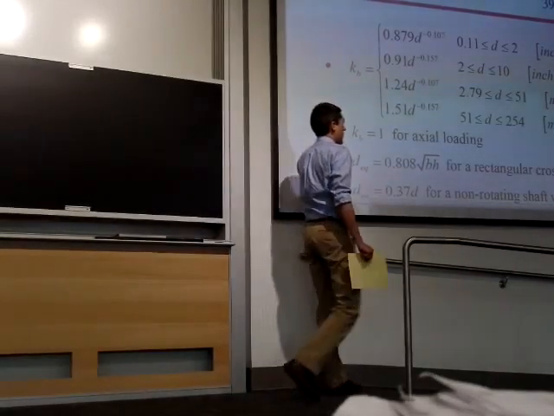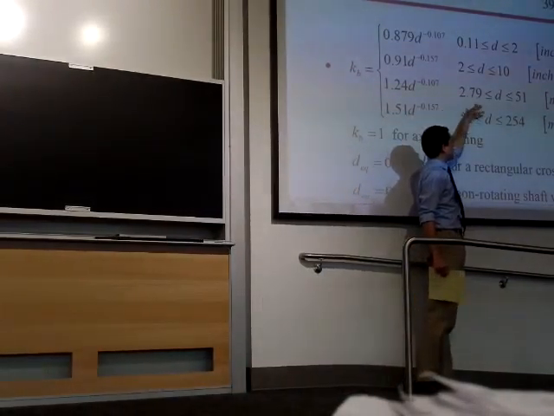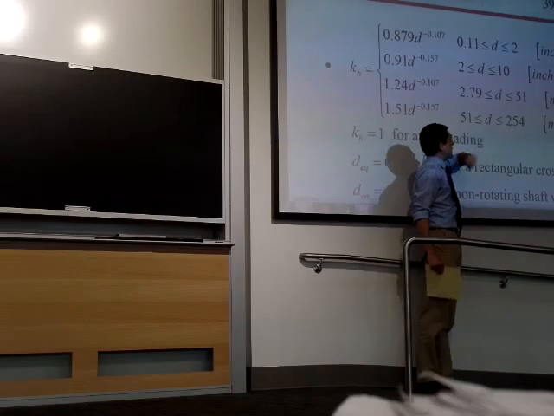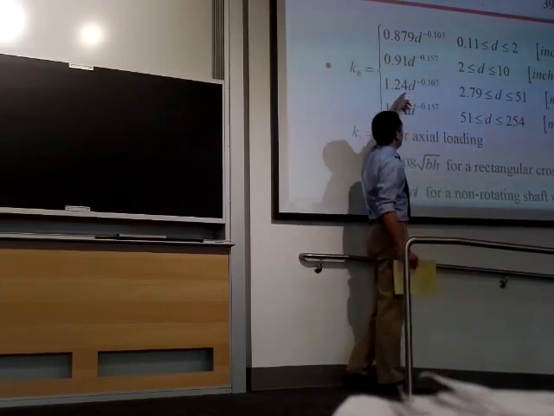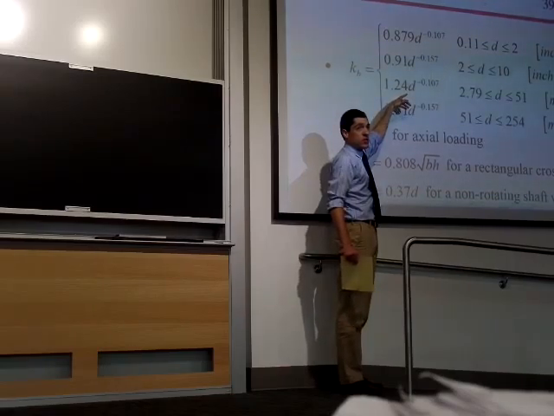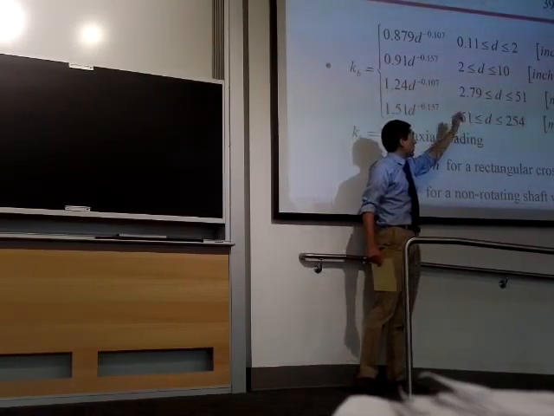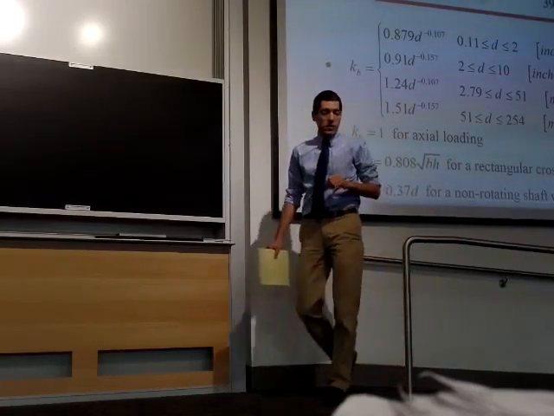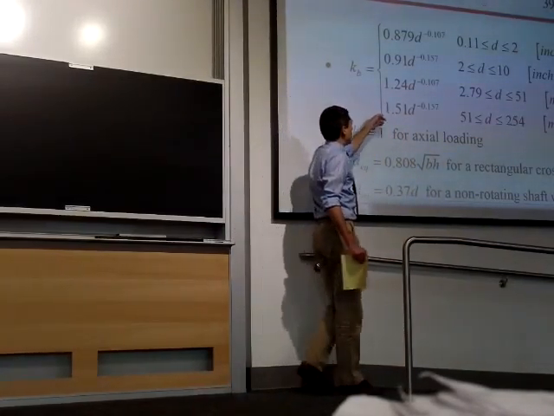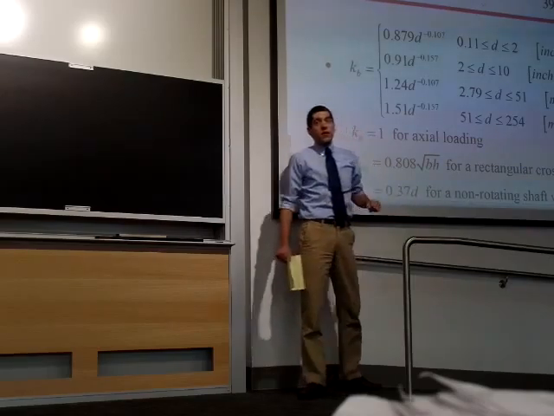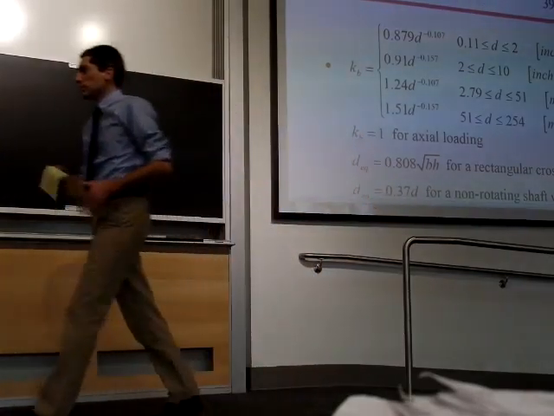So if the dimension of your shaft is between 2.79 and 51 millimeters, then d is going to be plugged into this equation in millimeters, and you'll find Kb. And if it's between 51 and 254 millimeters, then it gets plugged into this equation and you find your Kb. And again, you have to plug it in in millimeters.